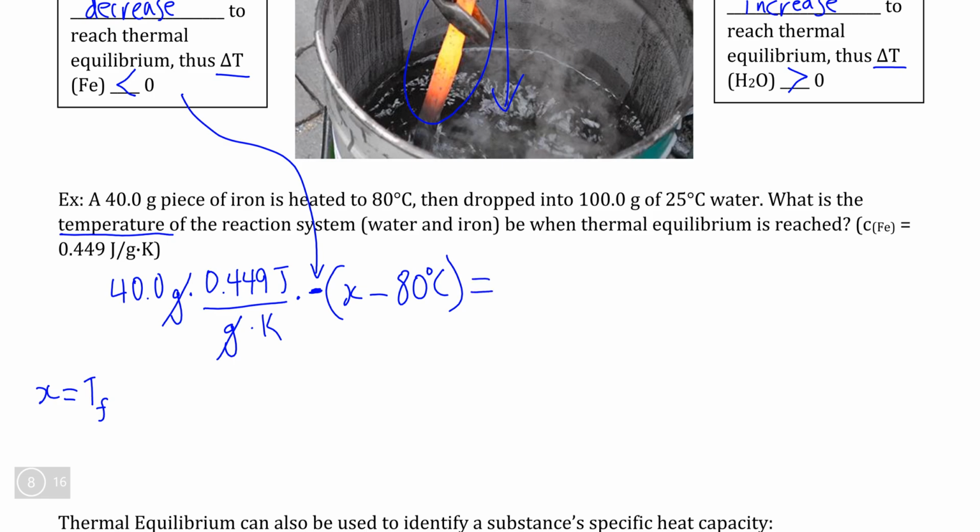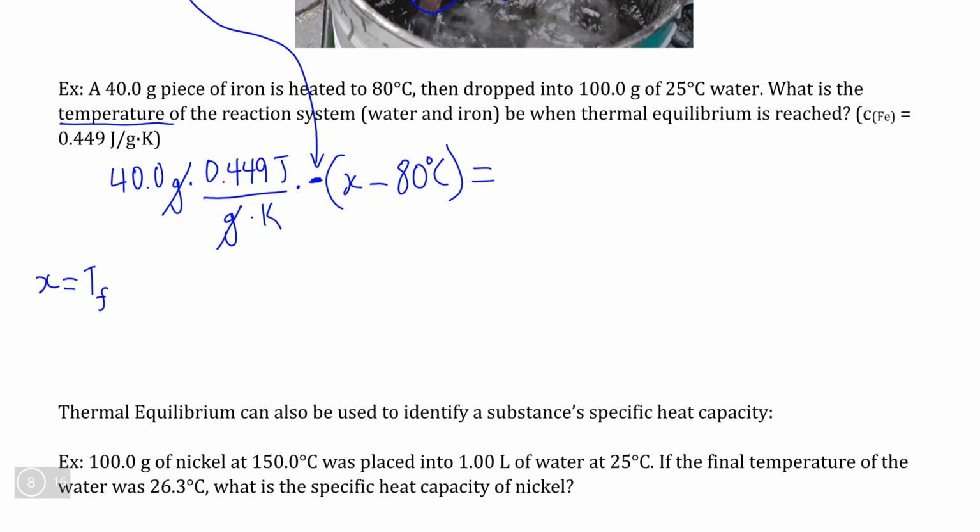Next, we set up the Q is equal to mc delta T for our water here. So the bucket of water has 100 grams of water, which we can multiply by water's specific heat capacity, 4.184 joules per gram of water per degree Celsius in temperature change. Again, grams cancel, so all that we have left to consider is the change in temperature.